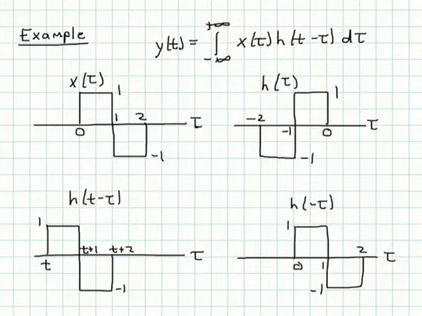Okay, so typically we do this. The first thing that we do after we've done this sketch and this sketch is we identify regions for this convolution, because regions are where the multiplication of x of tau times h of t minus tau has a unique form, because I do the multiplication first and then I do the integration.